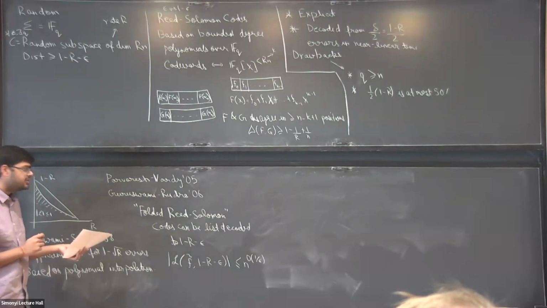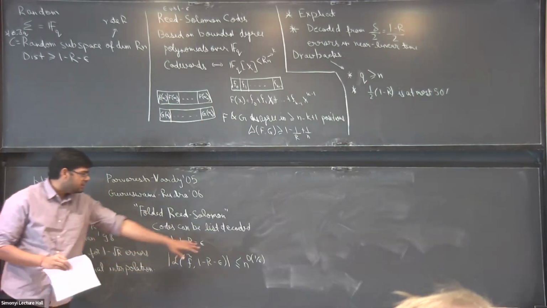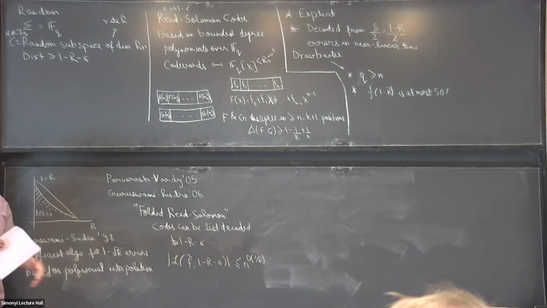Because this 1 minus R is the best we can do, it's called the list decoding capacity. And codes that actually can have small lists up to that are codes achieving list decoding capacity. Dependence on epsilon is also, sorry, is also correct. Yeah, so initially this was the result, but we'll see what the correct thing to expect is.